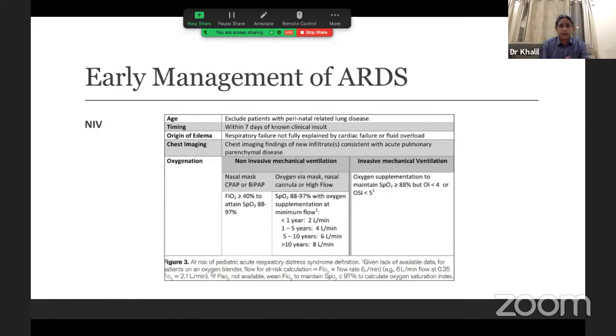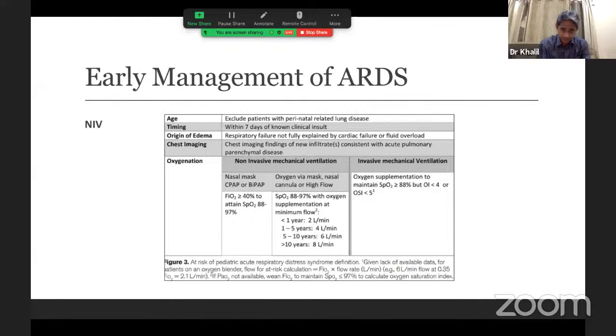Now, coming to the early management of ARDS, as we have already discussed the definition, there is a role of non-invasive mechanical ventilation in children who have mild ARDS. You can try either CPAP or BiPAP with an FiO2 requirement of more than 40%, so as to target a saturation in the range of 88 to 97%.